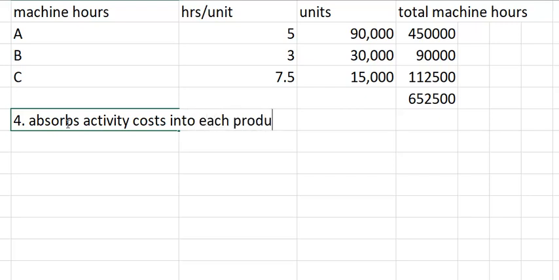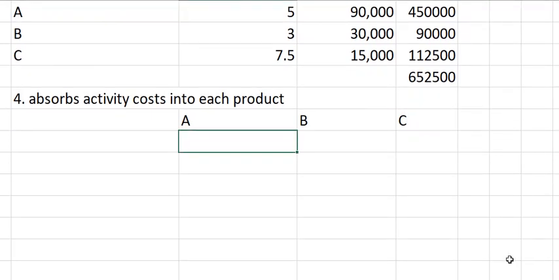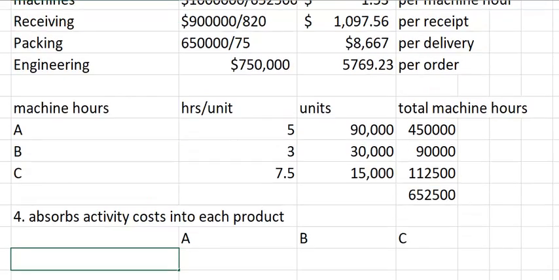So the activity cost should be absorbed into each product. So we have 3 products. It is then A, B, and C. Then here you list all the overheads that you have.